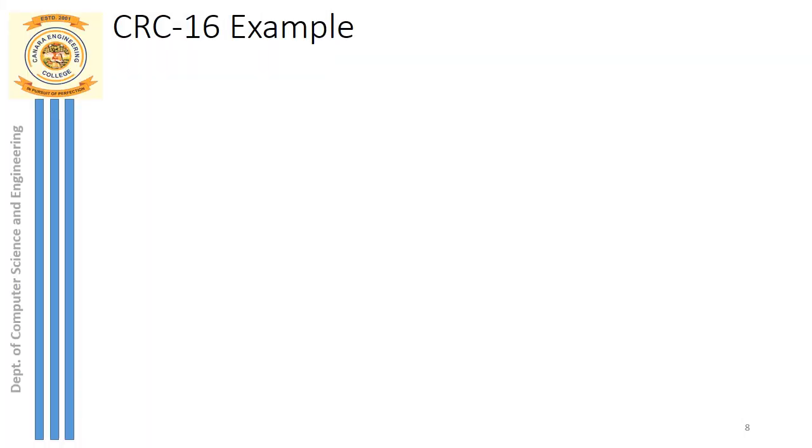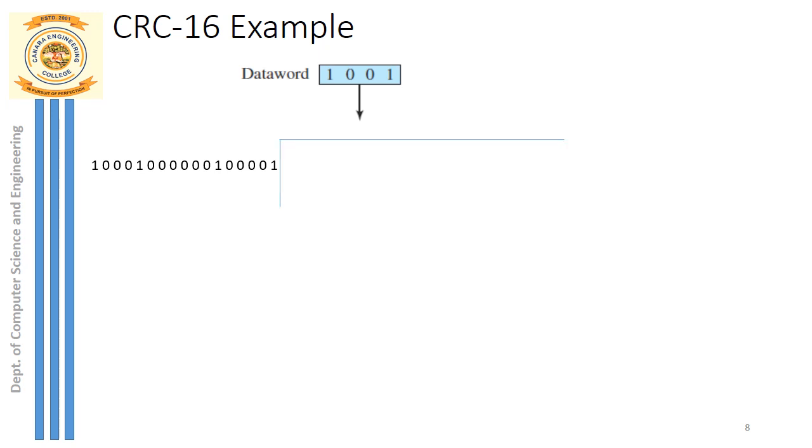Now we consider an example for CRC 16 by considering the given polynomial, and the data word is 1001. We have the well-known standard polynomial for CRC 16, which has a total of 17 bits. We have the data word as 1001.